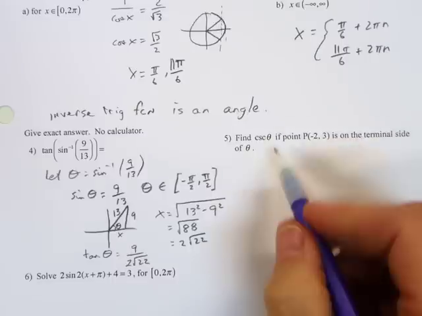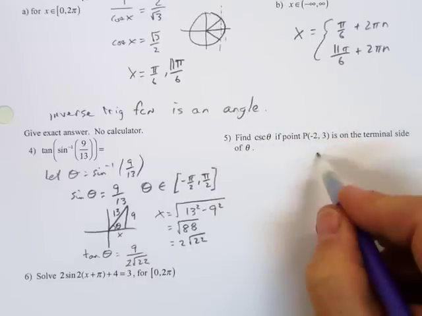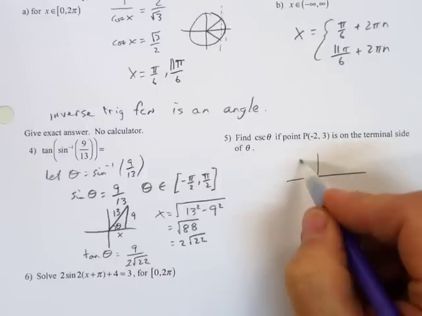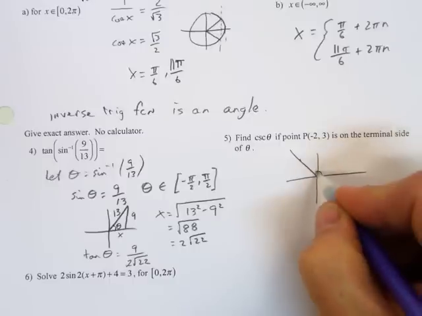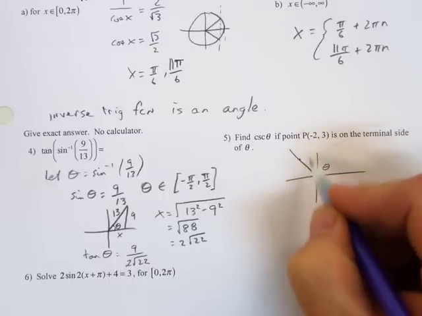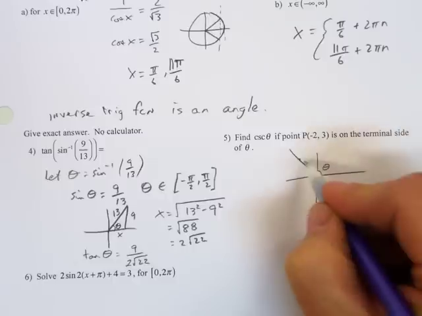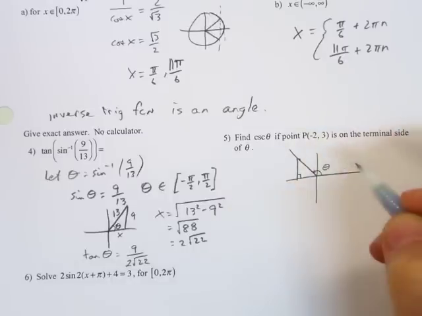Find cosecant theta if this point is on the terminal side of theta. We're going to go negative 2, 3. Technically this is our angle, but as long as we take into account the signs, we don't need to worry about that. We'll drop the line down to the x-axis.